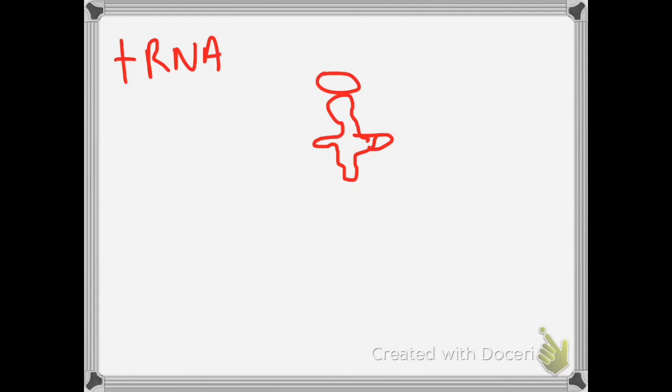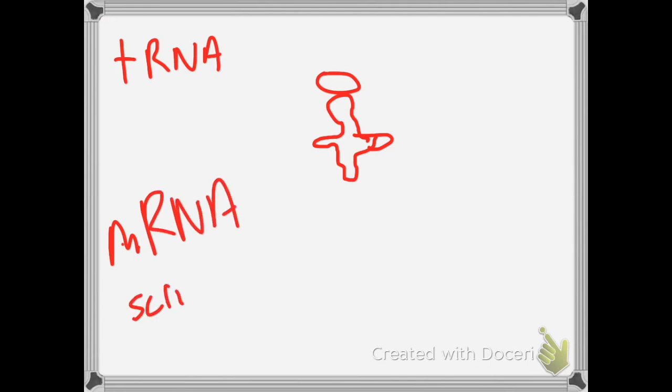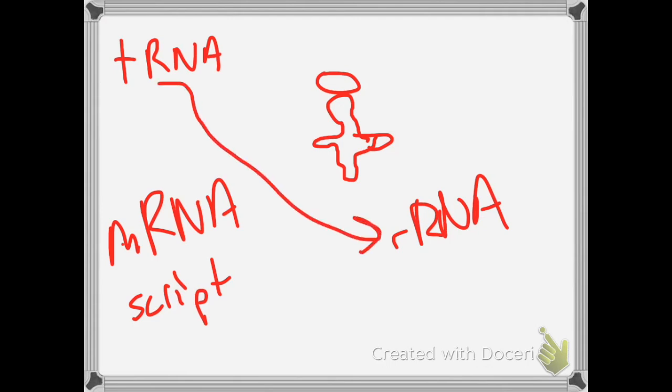Amino acids are these monomers of proteins, and we need to link these amino acids together to get a functional protein. So somehow we have mRNA, and mRNA kind of gives us this script or this code that we have to work over. Then as mRNA interacts with rRNA, tRNA can bring this amino acid to the rRNA, and using this, the mRNA will help bring the right one to get our functional protein.